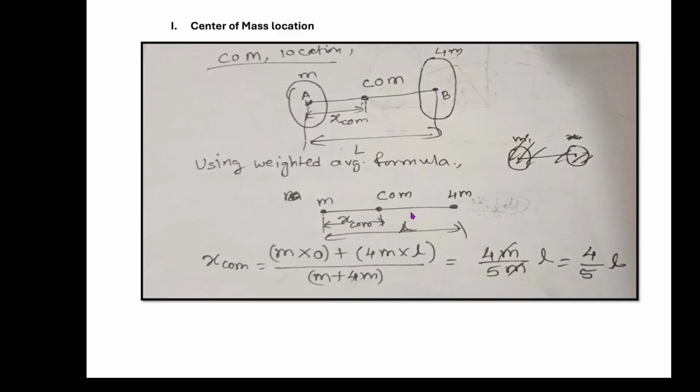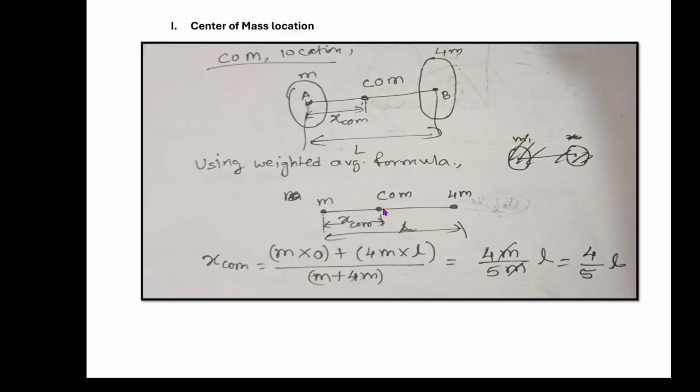The rod has no weight, so it does not enter the calculation of the center of mass. So we have two masses, m here and 4m here. Using the weighted average formula, taking this as the point about which we calculate, the formula will go like this.